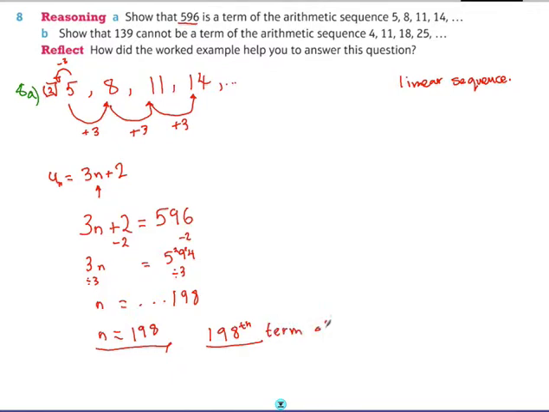The 198th term of the sequence is 596. Okay, and that's done.